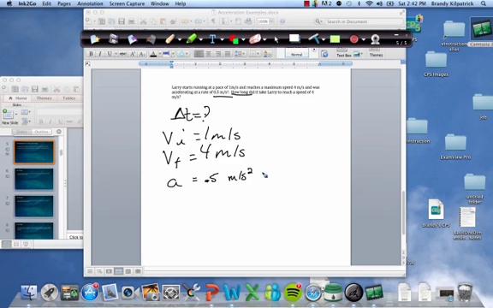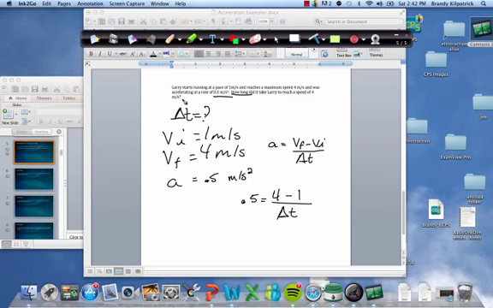And I know that acceleration is equal to Vf minus Vi divided by delta t. So now let's plug it into the problem. Acceleration is 0.5. That's equal to Vf, which in this case is 4, minus 1 divided by delta t.